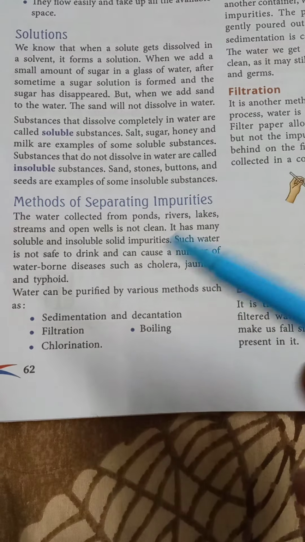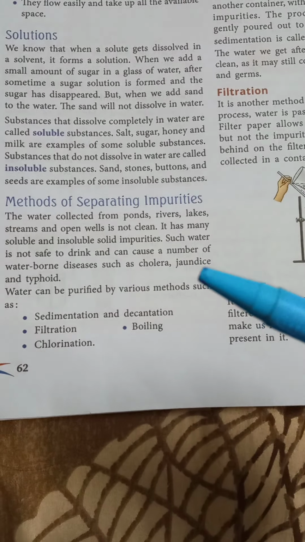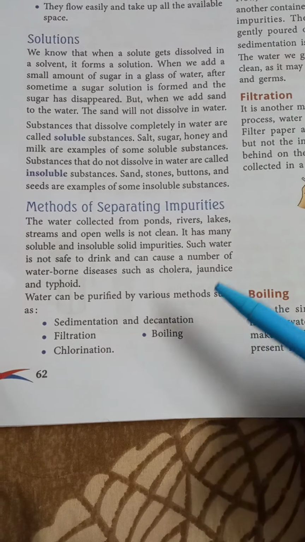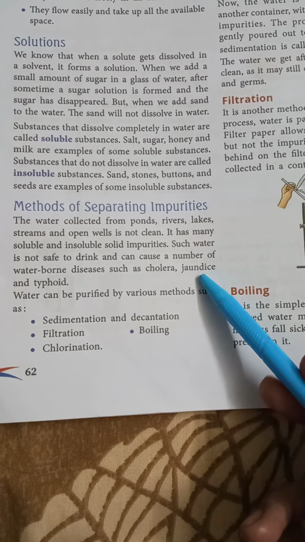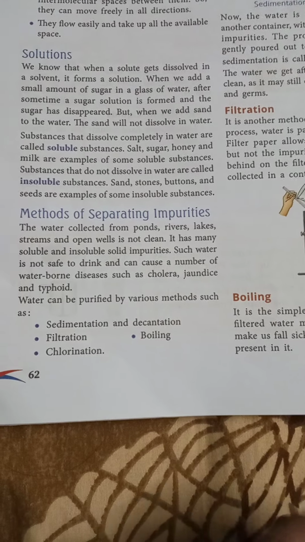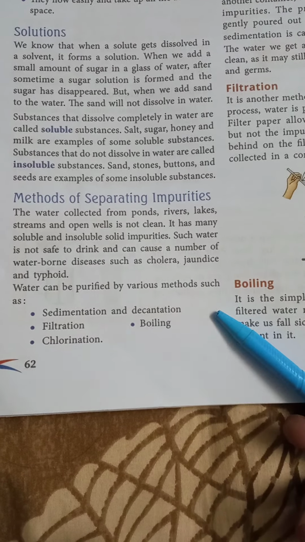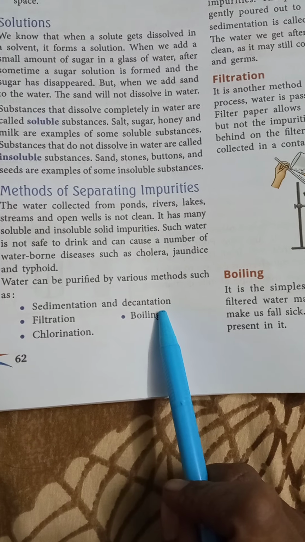So it is not safe to drink, and it can cause a number of diseases like cholera, jaundice and typhoid. This water can be purified by various methods such as sedimentation and decantation.